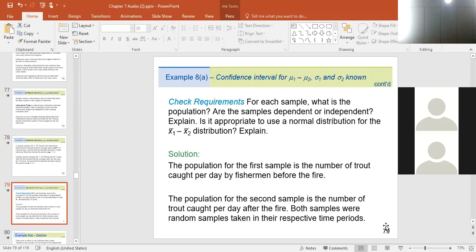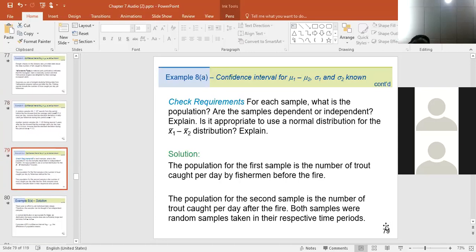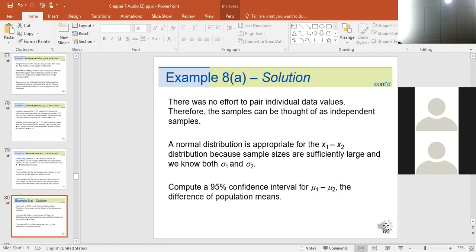So next, we want to find the confidence interval. We can feel free to use the Z distribution because the sigmas are provided. What we are interested in is the confidence interval for the difference of the two parameters.